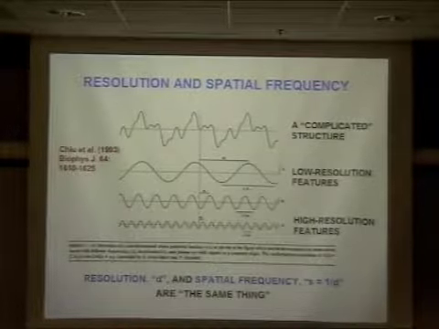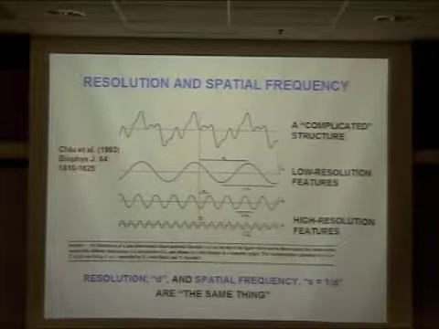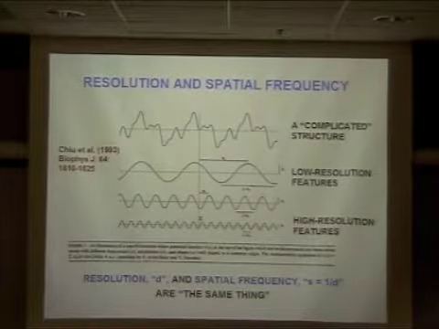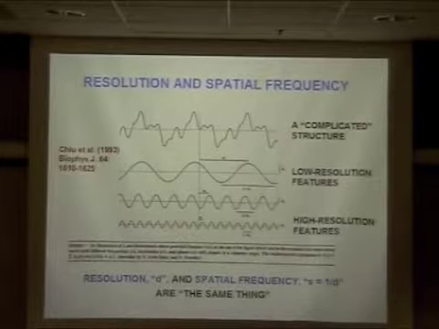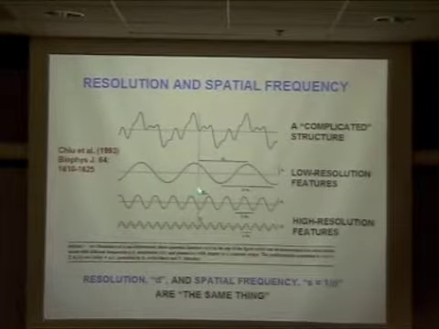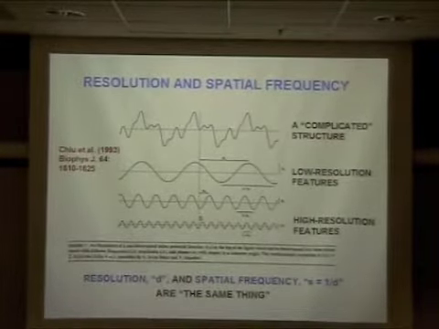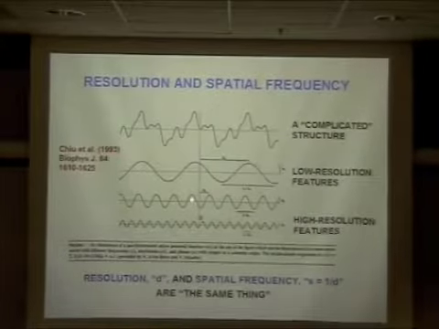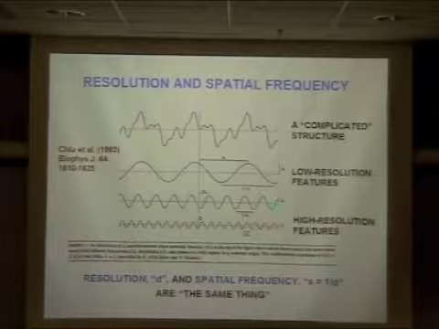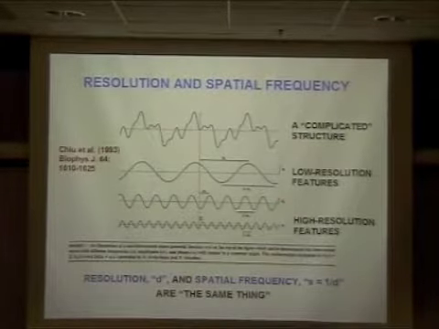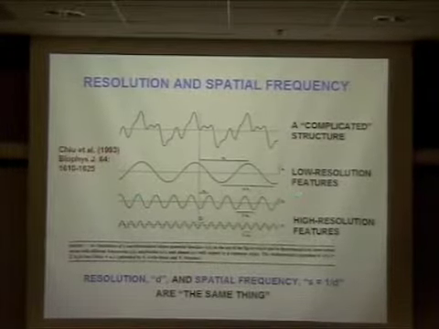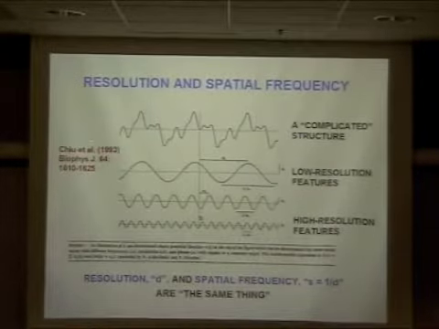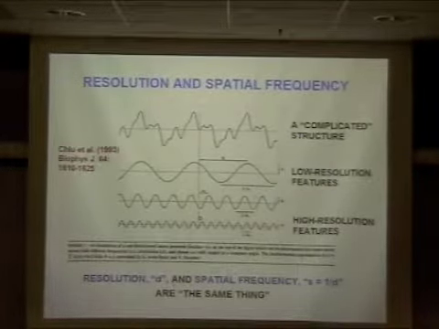The resolution increases with the frequency of the sine term that's included in this summation. So this first fundamental or low resolution feature has a very long period, and then as we get more rapidly oscillating terms in the Fourier sum, the resolution will improve, and then the highest ones will be the highest resolution features in a complicated structure.